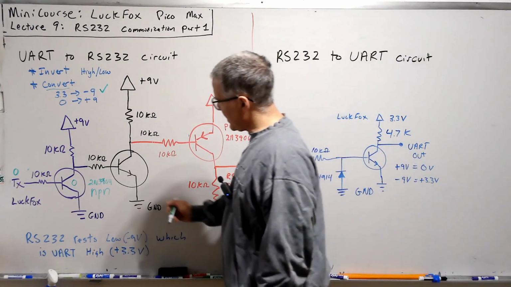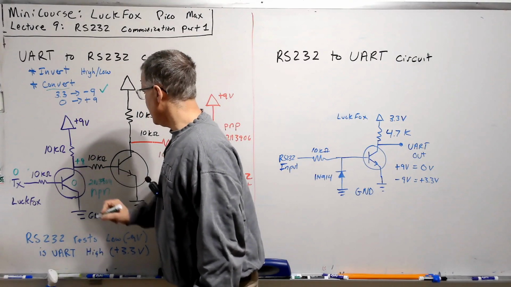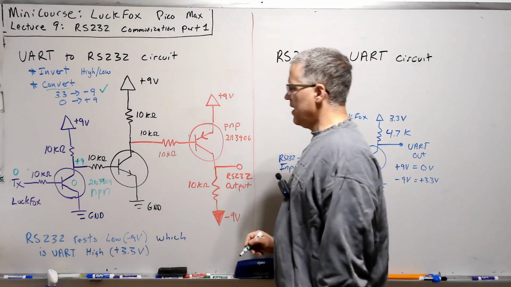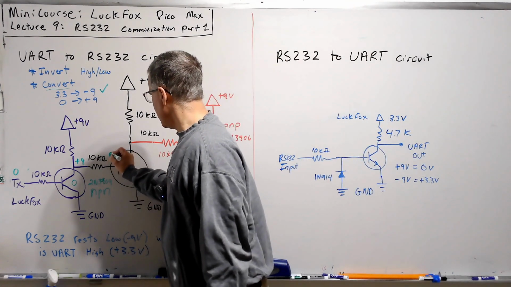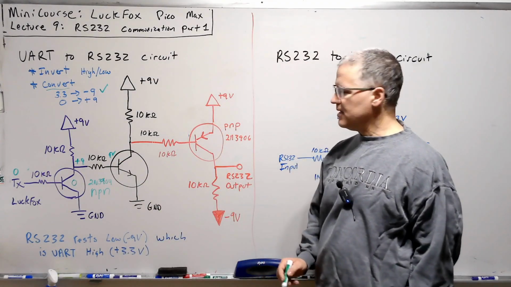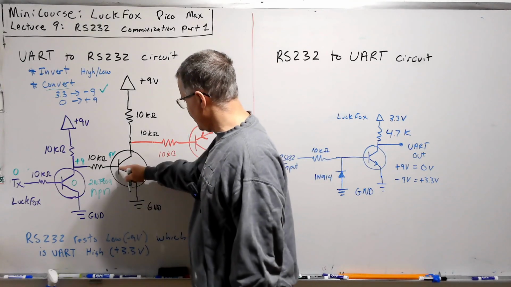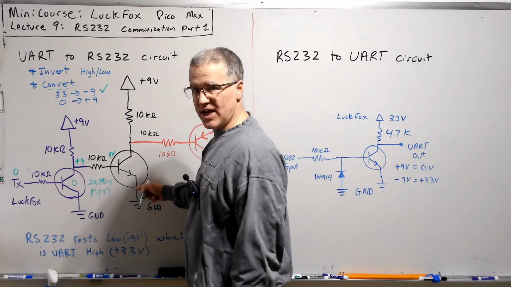And so if that's the case, then this is going to be the full 9 volts. If we're 9 volts here, then we're 9 volts here. And now we do have a voltage difference. And so this is going to allow current to flow and then open up this channel for flow.